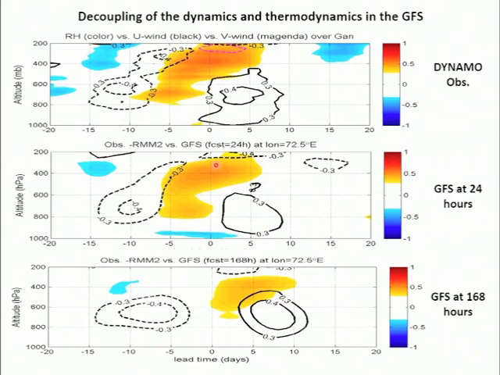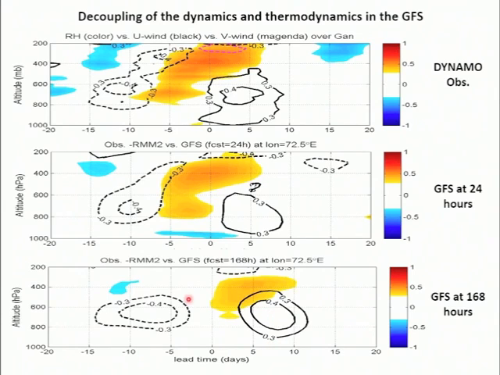You can see that even at 24 hours after initialization, the GFS presents a less marked vertical propagation of this relative humidity coherence with the MJO mode. And this coherence is completely destroyed after 7 days from initialization, although the dynamics, the zonal winds, present some strong similarities again, even after 7 days.